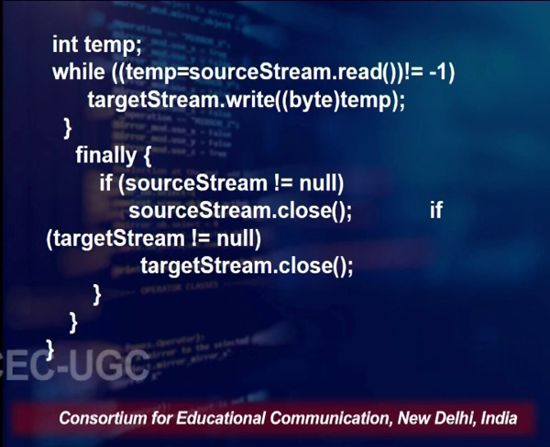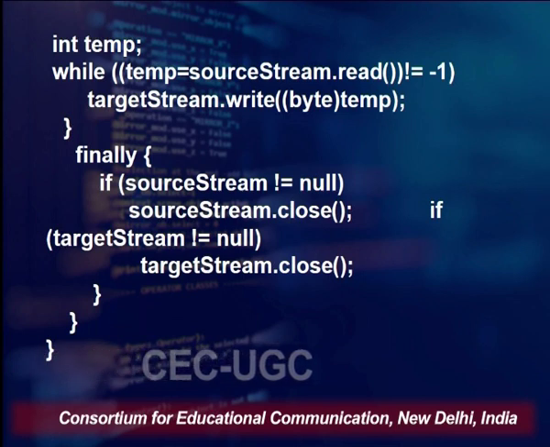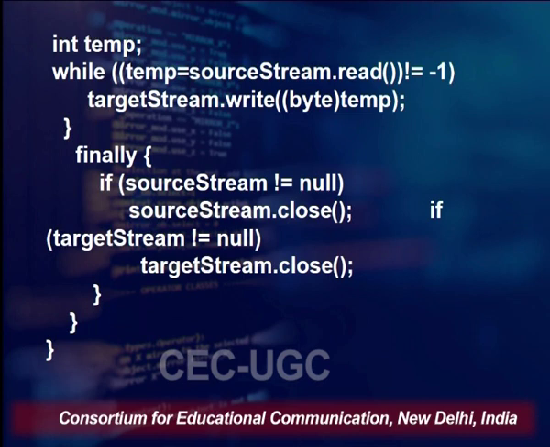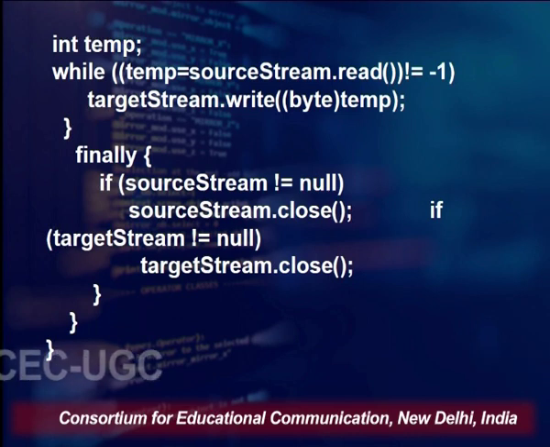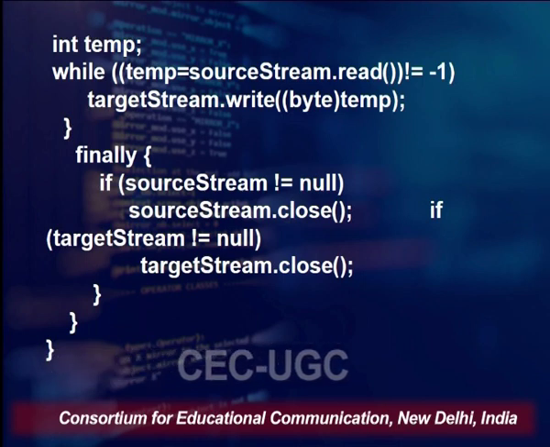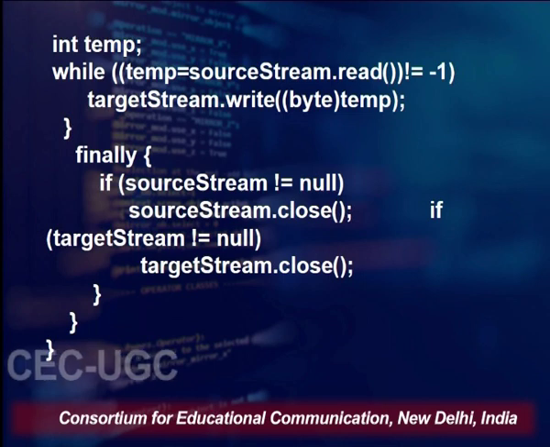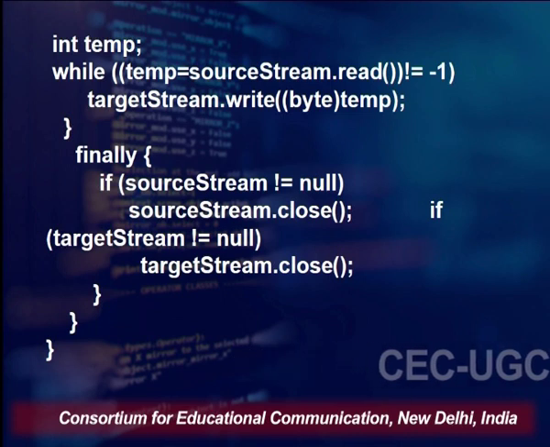This function will return -1 whenever it fails to read a character or a particular piece of data, and at that time we can say that there is no more data left inside this source file.txt. So, temp = sourceStream.read() != -1 will ensure that every piece of data will be read from source stream and stored in temp.